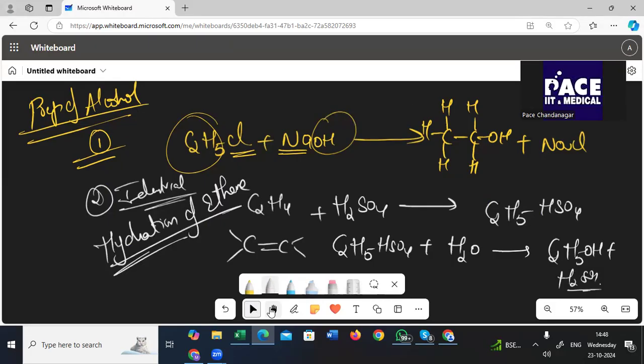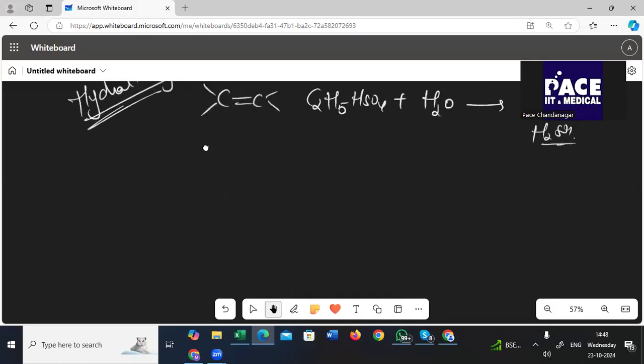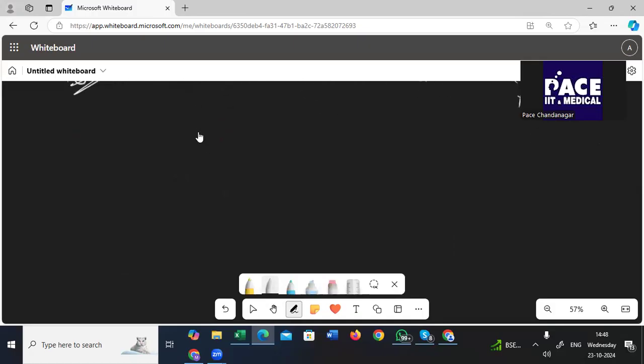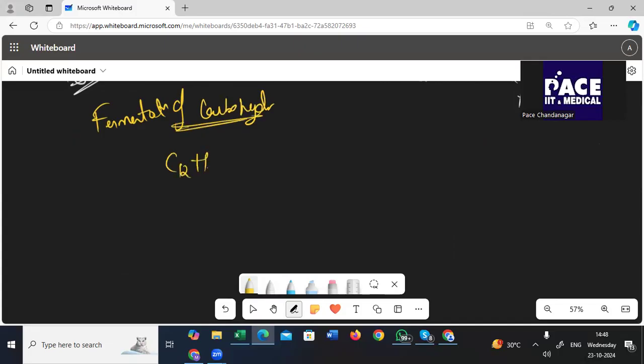Okay, and then you can go with fermentation of carbohydrates, the most important and very commonly used preparation technique. This is fermentation of carbohydrates, which is C12H22O11. This is cane sugar. Cane sugar plus water as you dilute it.